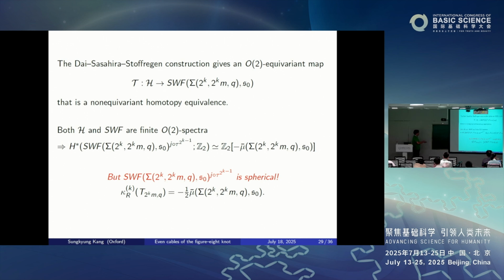However, we also know that this is a complex sphere. Therefore, you know that its complex dimension is exactly this. Therefore, we conclude that the higher kappa invariant is exactly that, minus half of the Neumann-Siebenmann invariant.